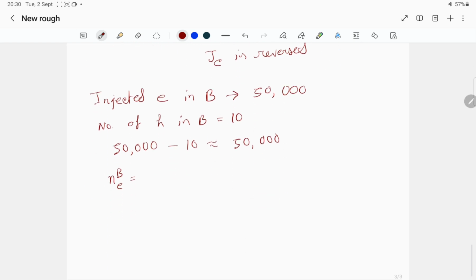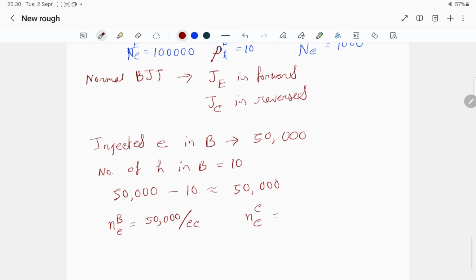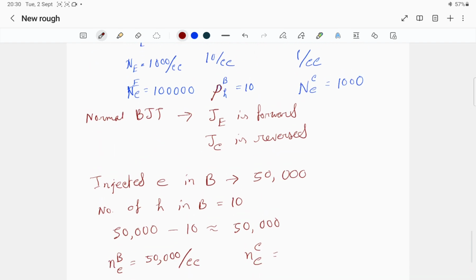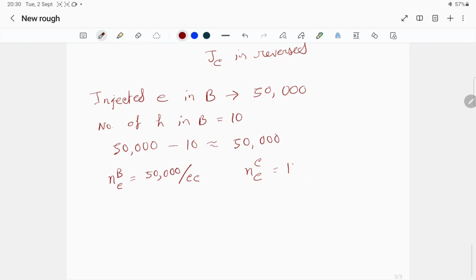Now you have 50,000, so it is 50,000 per cc. Now what is the concentration of electrons in collector? It is 1000 per cc. So we can readily see that the concentration of electrons in base is much larger than the concentration of electrons in collector, right?